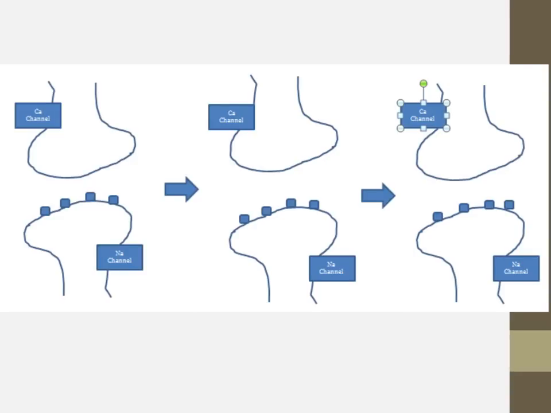Okay, so here's what that looks like, okay? An action potential is coming down the presynaptic neuron, okay? That action potential is going to cause this calcium ion channel to open, okay?